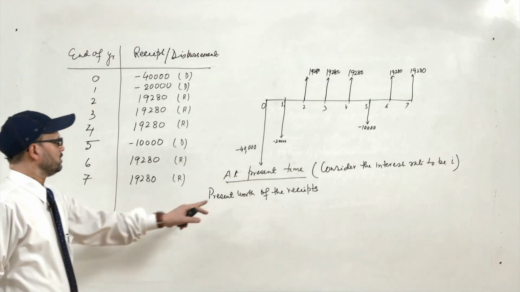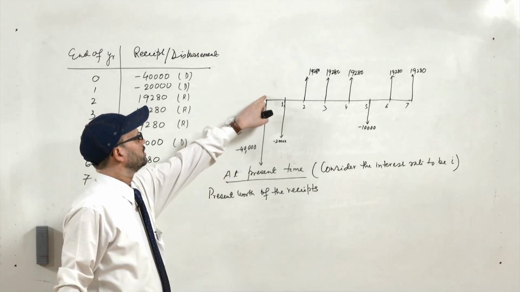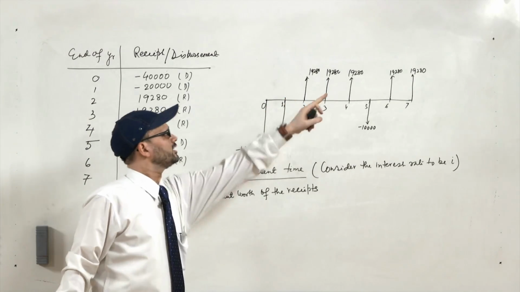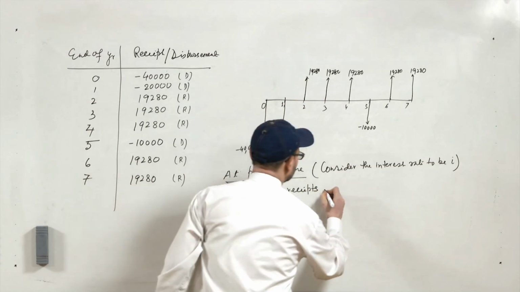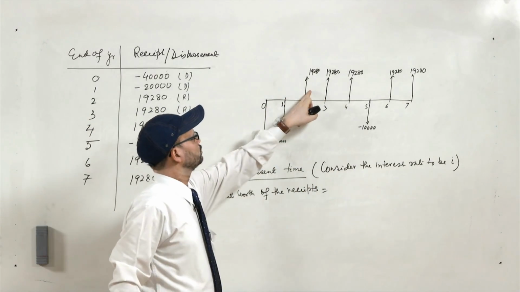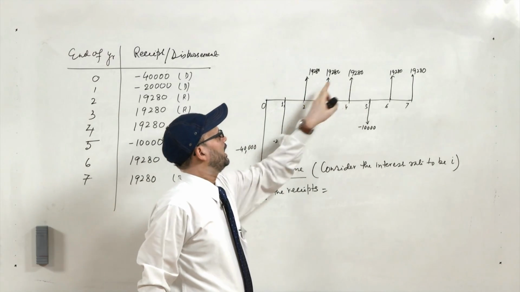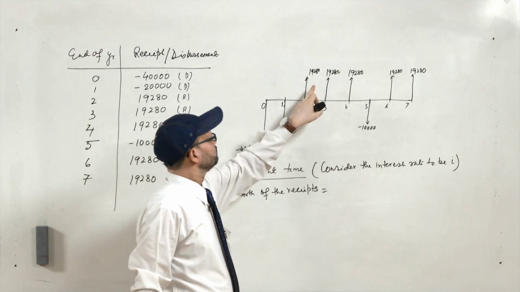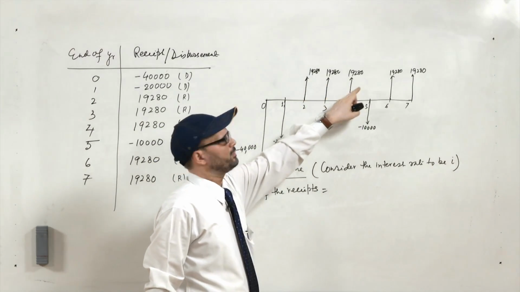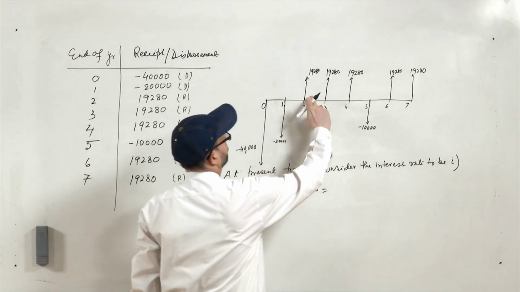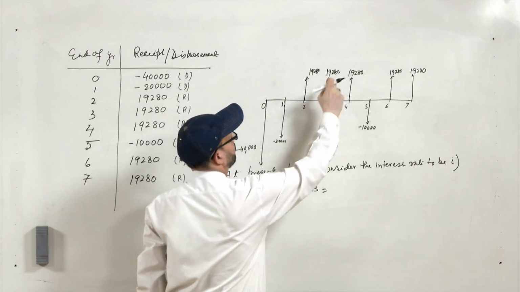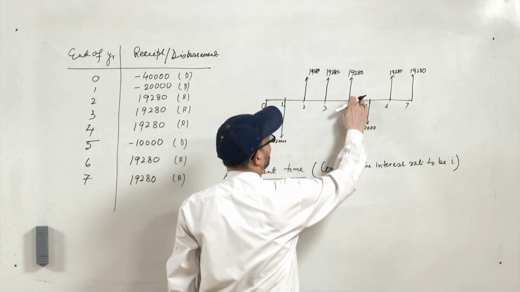So, the present worth of all the receipts will be, again, you have to use the annual equivalent value. You have 3 equal annual payments, so you can find its equivalent at this particular time.